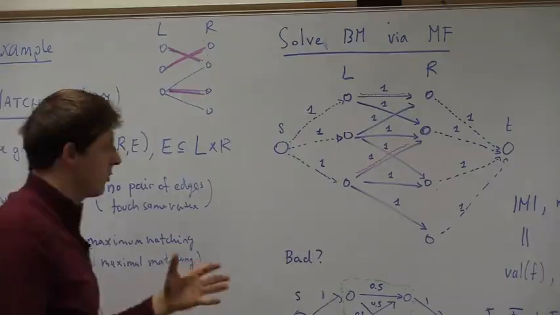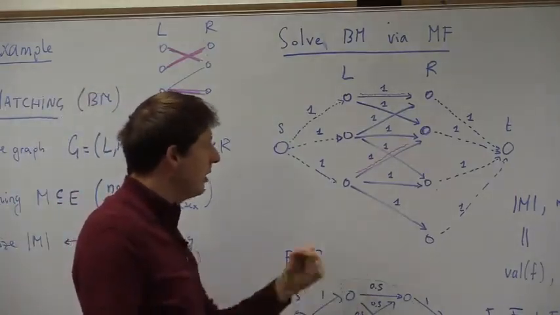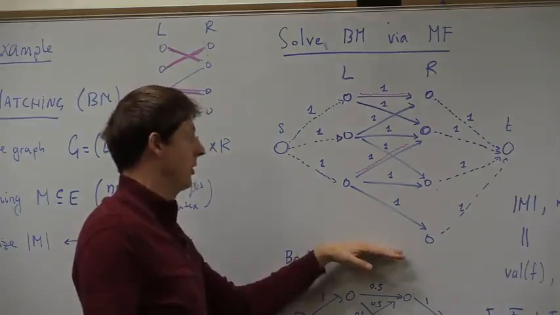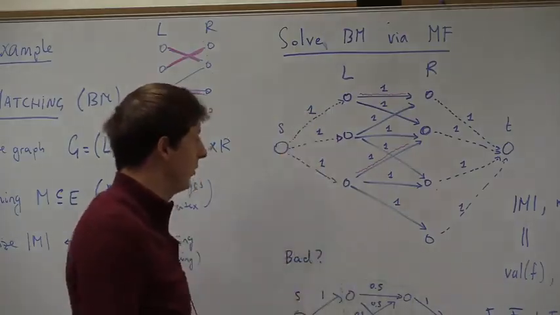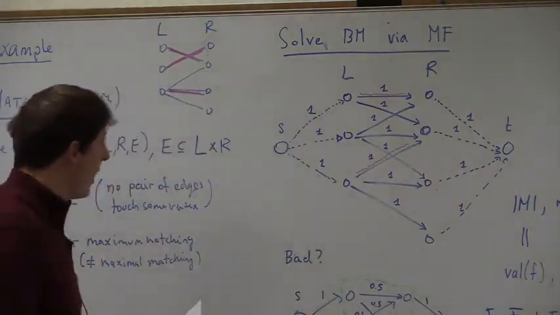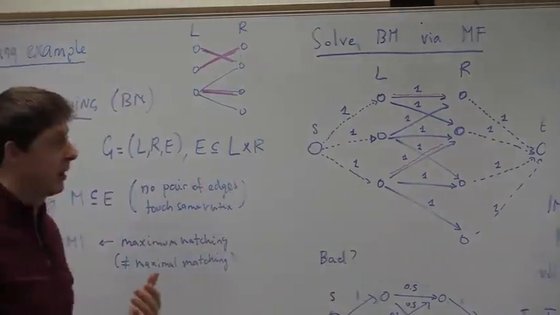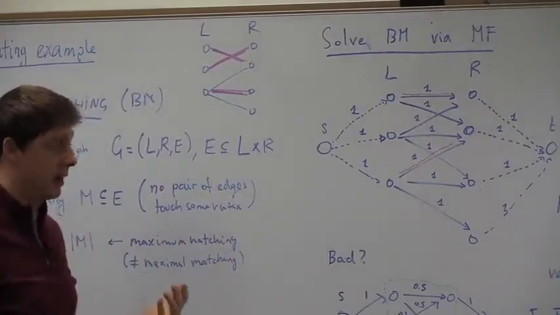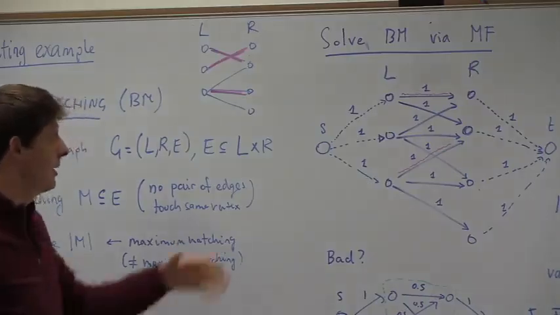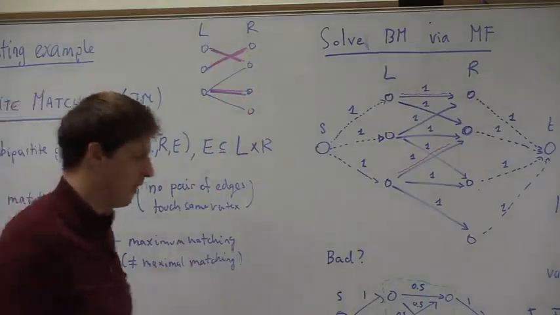So there was a post-processing computation that said, okay, given the max flow, I'm going to read off or compute from it in some way a maximum matching. And in this case, it was reading off which edges were selected by the flow. These steps of pre-process and post-process can be abstracted away as a reduction. So we're going to give a definition of reduction between two problems, in this case between BM and MF.